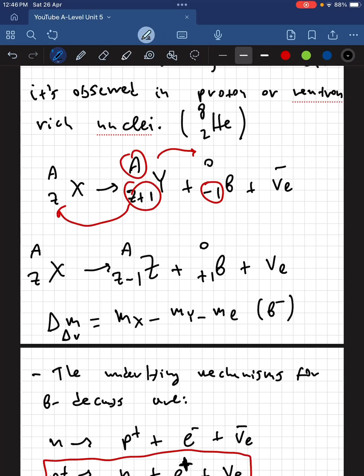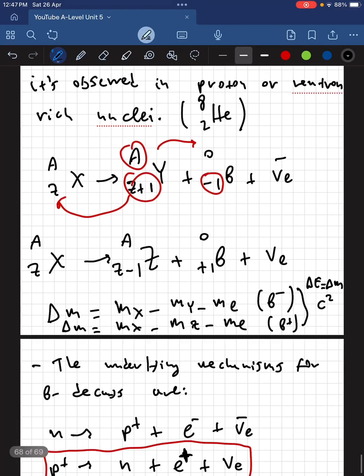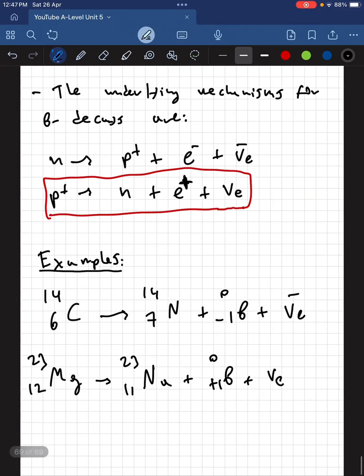And for the beta plus, we have the mass of X minus the mass of Z minus the mass of the electron, okay? And then using delta M c squared, you can find the energy released. But we already covered that in the beginning of the video, so let's move on.